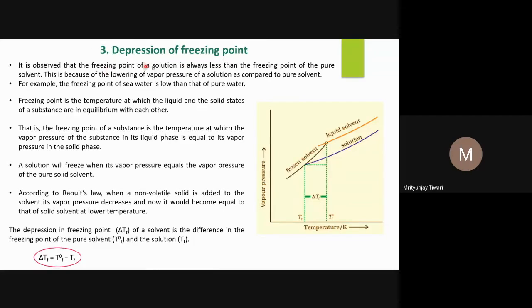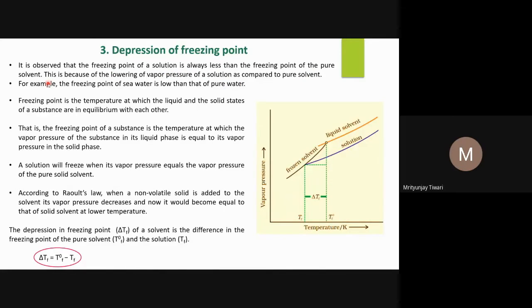Depression of freezing point means if you add a non-volatile solute to a solvent, if you are making a solution by adding non-volatile solute, now this solution can also freeze, and it will freeze at a lower temperature, not at the normal temperature, the normal freezing point of the solvent. And now you have added only a small amount of the solute because it is a dilute solution. So it is observed that the freezing point of a solution is always less than the freezing point of the pure solvent.